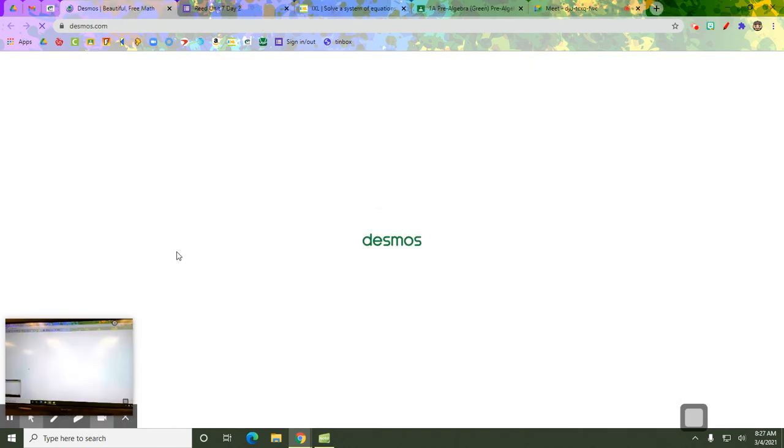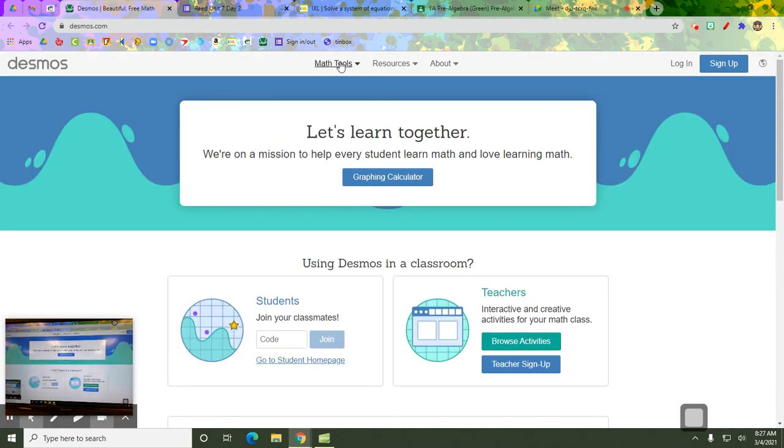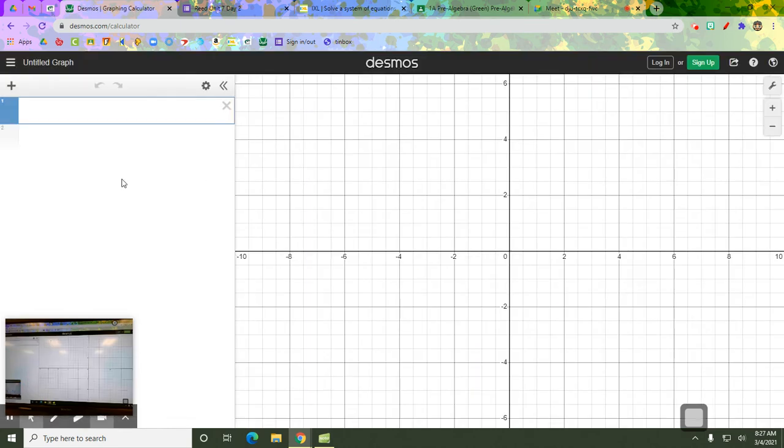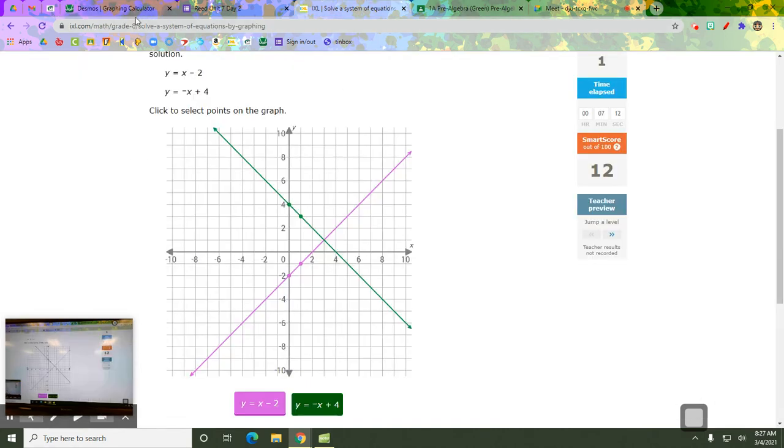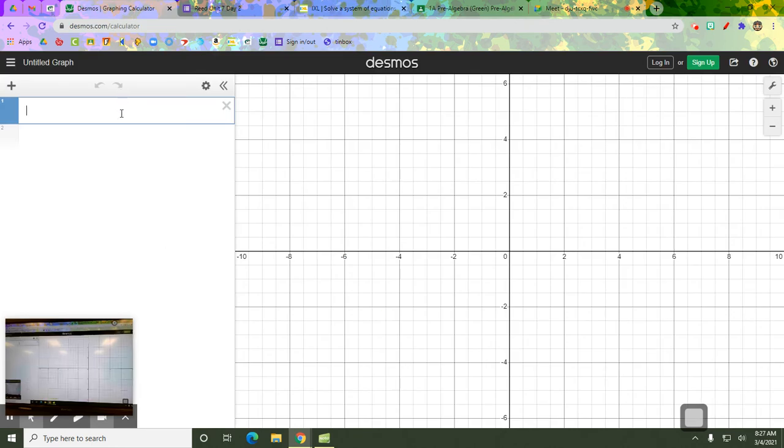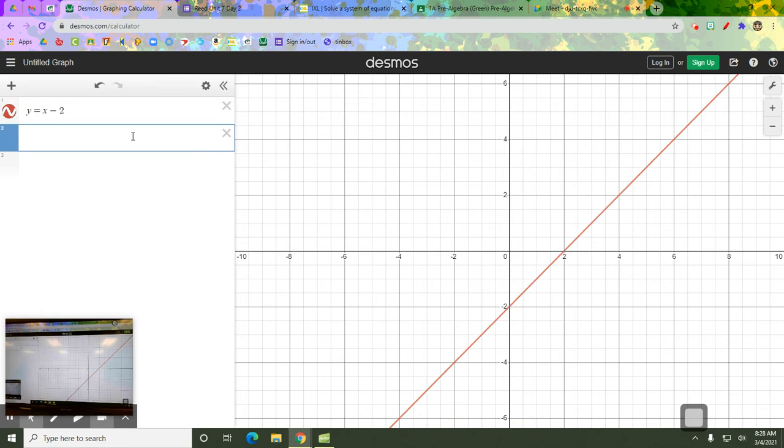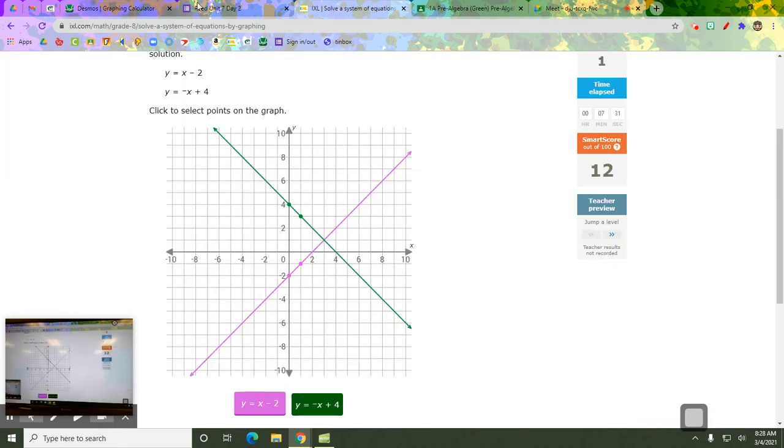We'll click our calculator, and we're going to click Math Tools. Go to Graphing Calculator. So my first equation was y = x - 2. So if I click here, I'm just going to type in y = x - 2, it graphed that line for me. And my next one was y = -x + 4.